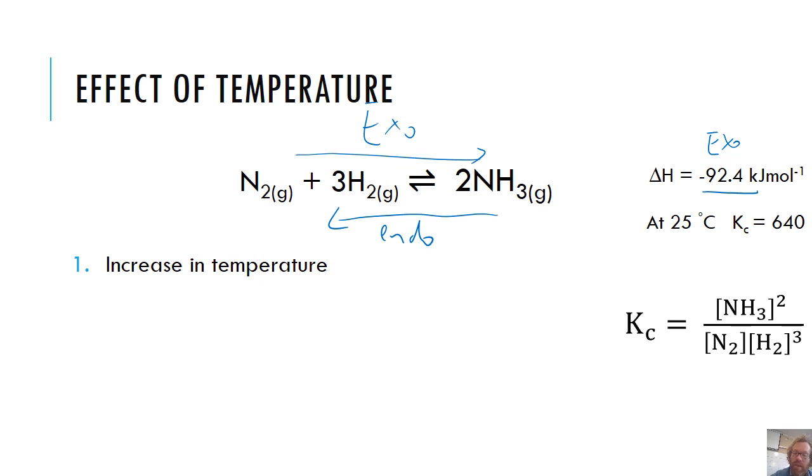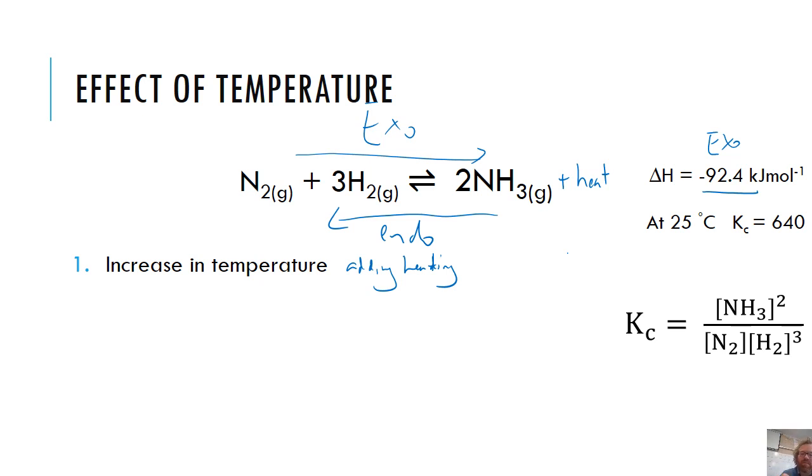Another way of thinking about that is if we include heat as either a product or reactant, in this case it's going to be a product because exothermic, releasing heat, producing heat. So if you're increasing temperature you're like adding more heat, therefore you're adding a product, so it's going to try to undo that, make more reactants. So it's another way of thinking about it.